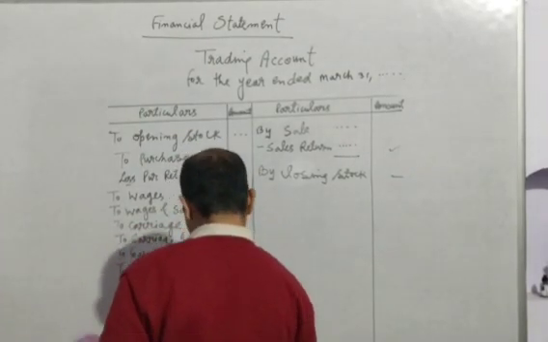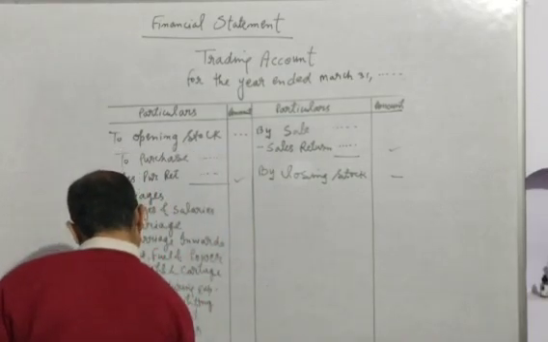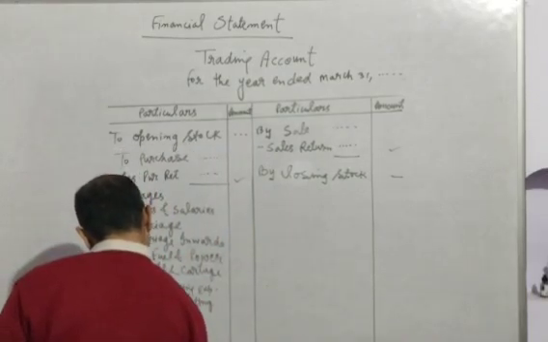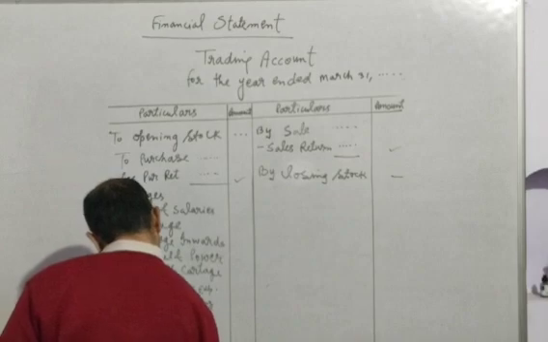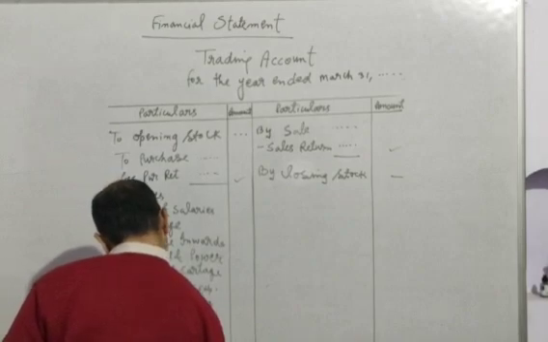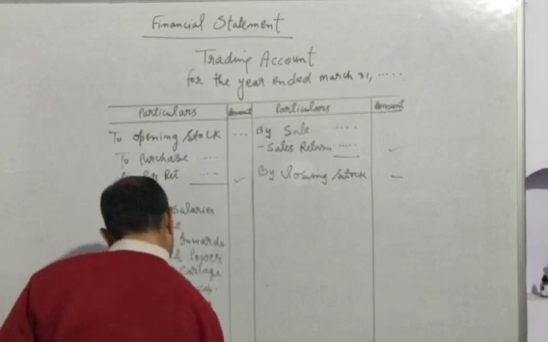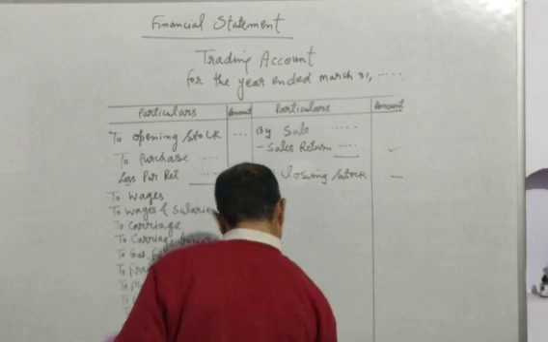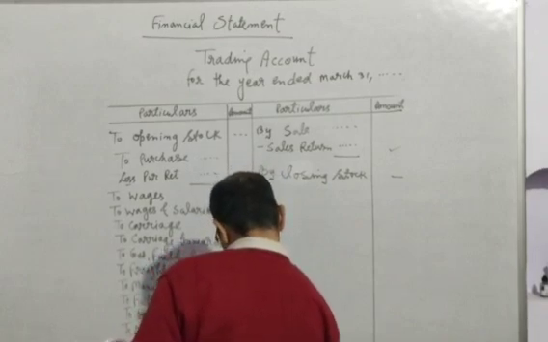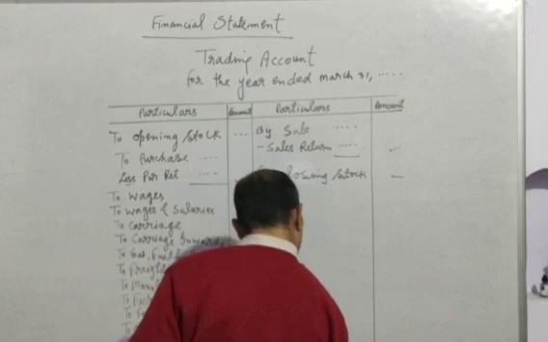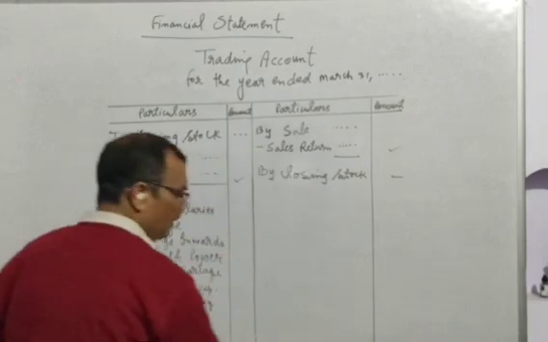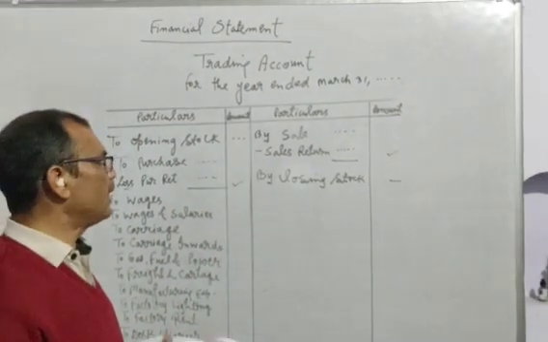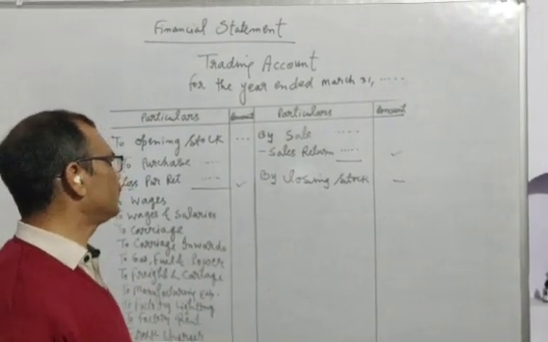That amount will be written here, and after that we will write gross profit carried down, and here we will write to gross profit brought down. From here the profit and loss account will start, and we will discuss it in the next video.